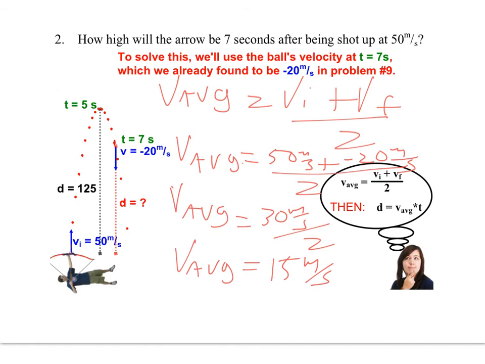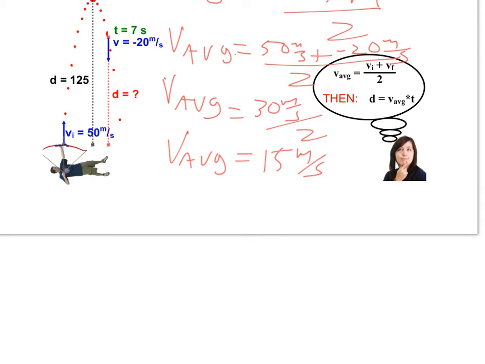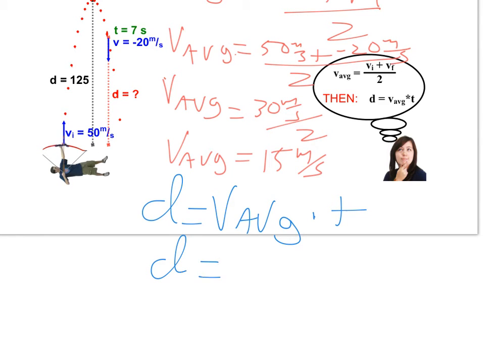Now that I have this average velocity, I'm going to apply that: displacement is equal to average velocity times the time. D is equal to 15 meters per second times a time of 7 seconds.